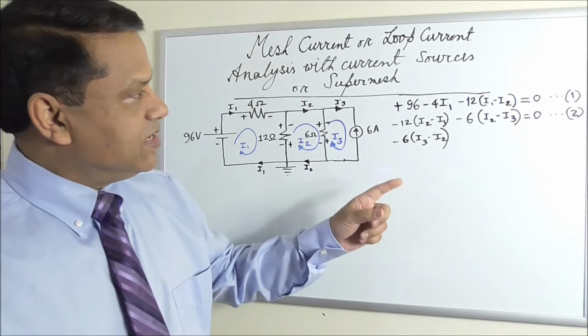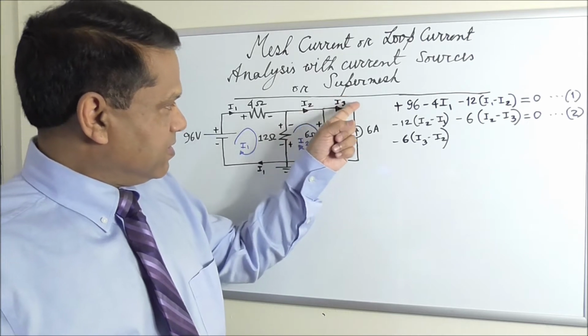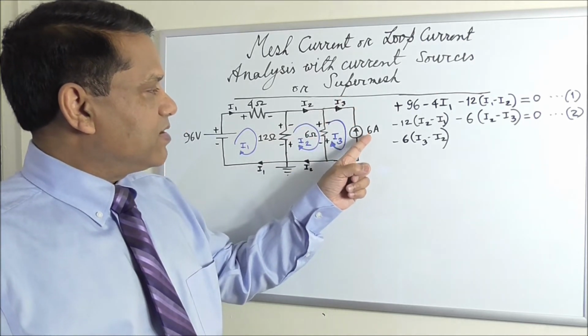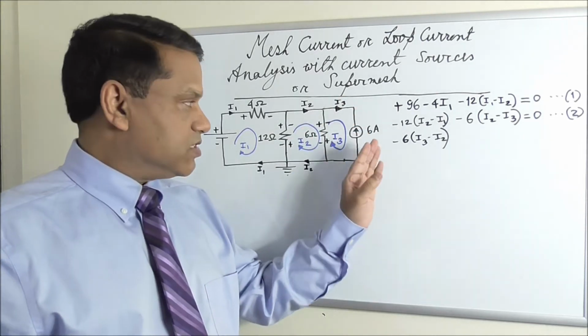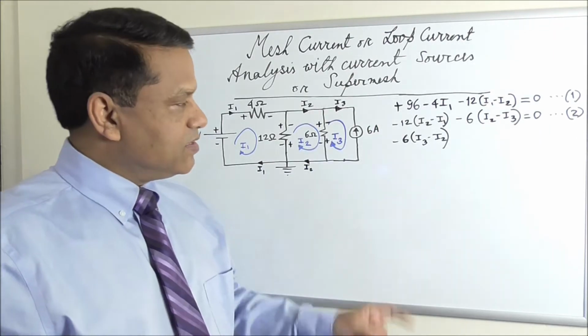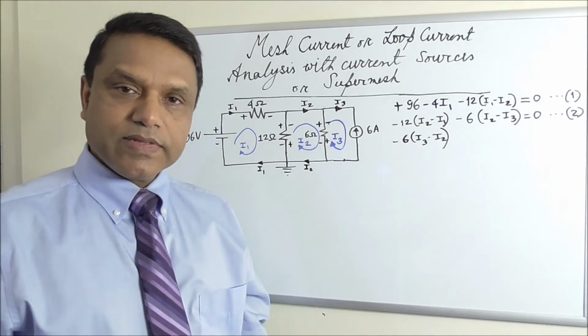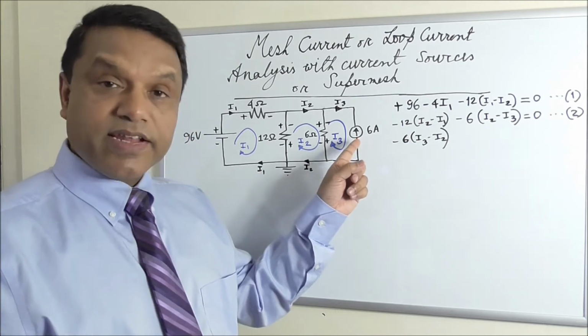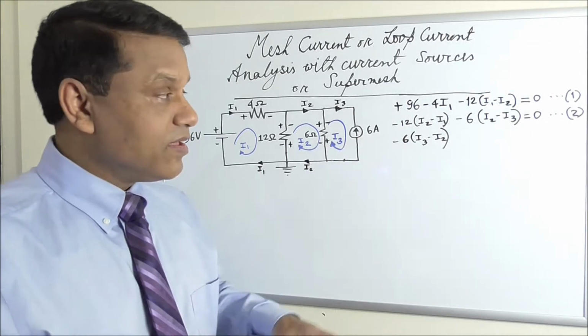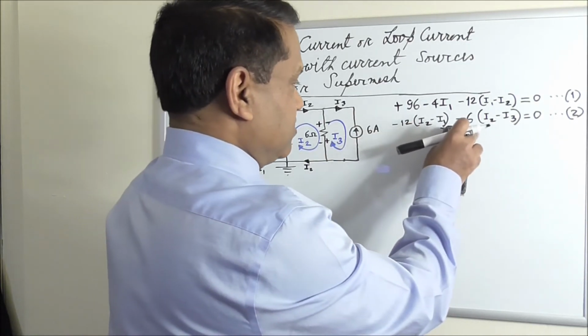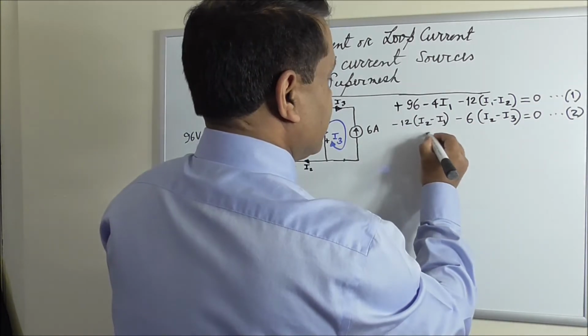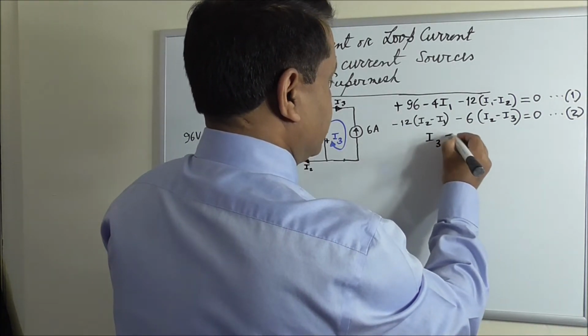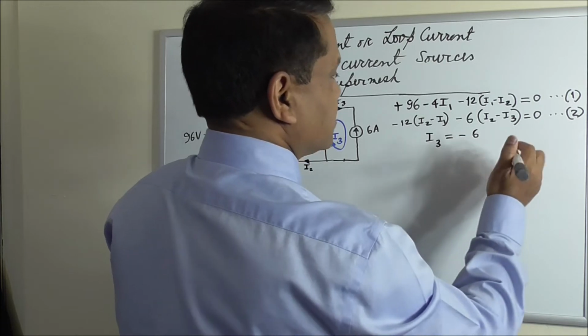If you look here, I3 is flowing downward, but the current in this current source is actually upward, 6 ampere. So what will be the value of I3? I3 is clearly minus 6 ampere. So instead of writing this KVL equation, we can simply write I3 is minus 6.